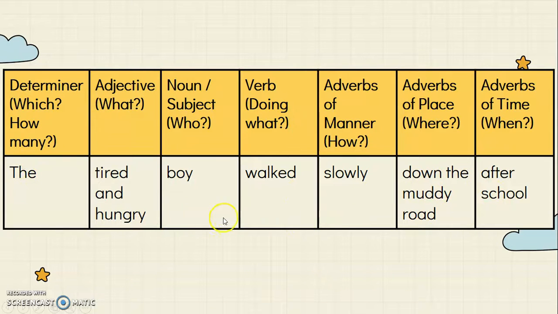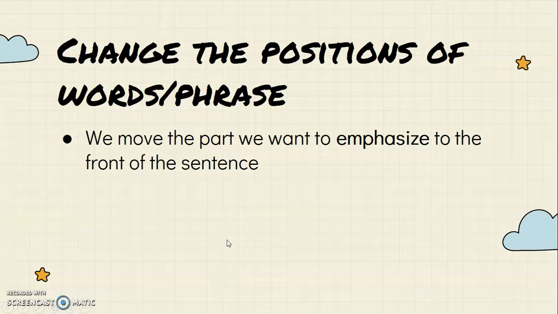So very simple. If you look at this sentence, the emphasis is actually the tired and hungry boy. We're giving the spotlight to this subject. But if you do not want to talk about the tired and hungry boy, you could actually move the parts that you want to emphasize to the front of a sentence. So we emphasize by changing the position of the words or phrase.